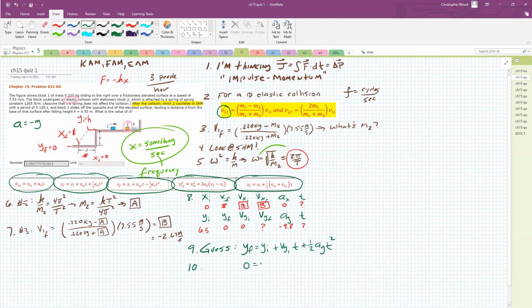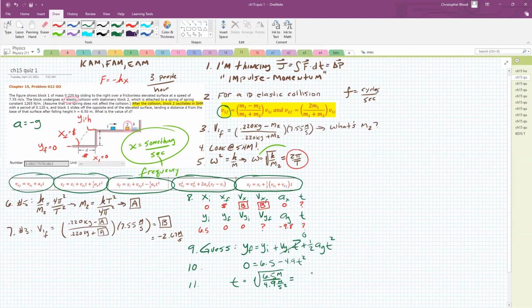0 equals 6.5 minus 4.9 t squared. So here's my time of flight: t equals the square root of 6.5 meters all over 4.9 meters per second squared. I can see the dimensions are going to work.